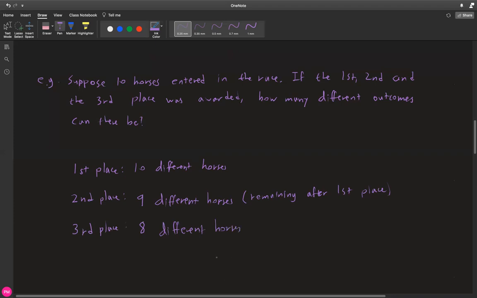And that's it. Out of all the horses that entered this race, each one of them could win the first place. But after the first is decided, the remaining 9 could potentially be the second place. And also after the second place is decided, the remaining 8 could possibly be the third place. And that's actually it.